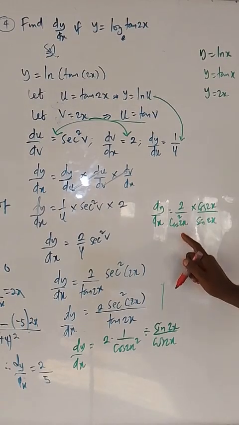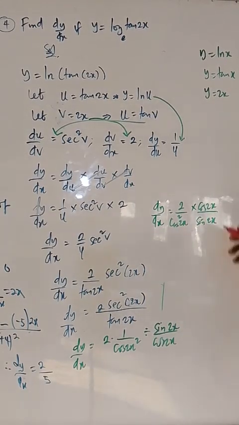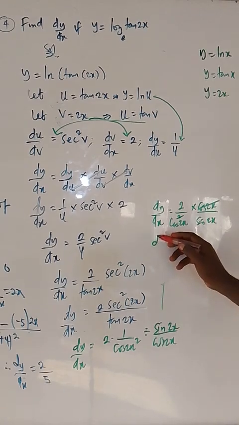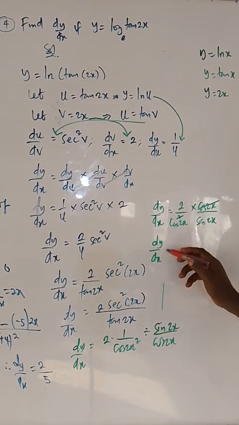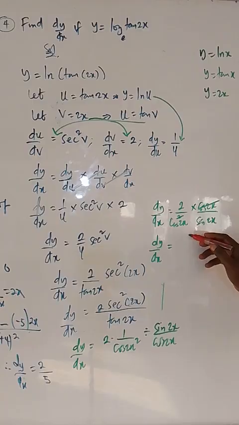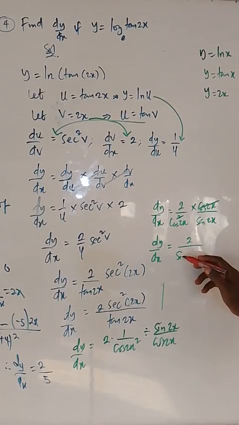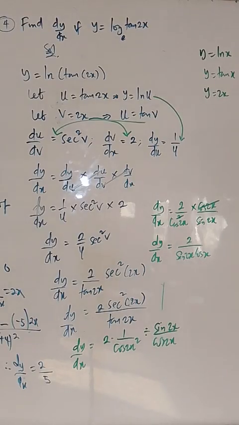Here, cos squared 2x means cos 2x times cos 2x. So this one will take one of them, then the square will go away. So dy/dx equals 2 over sin 2x cos 2x.